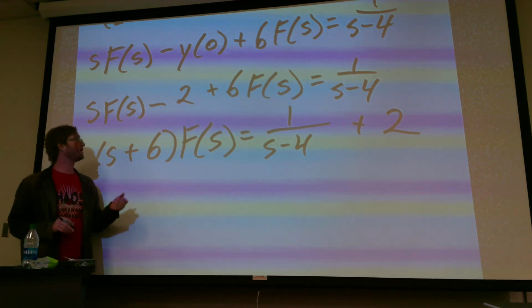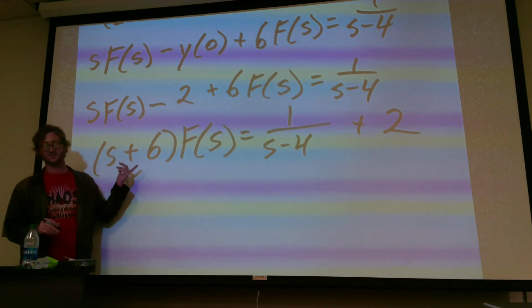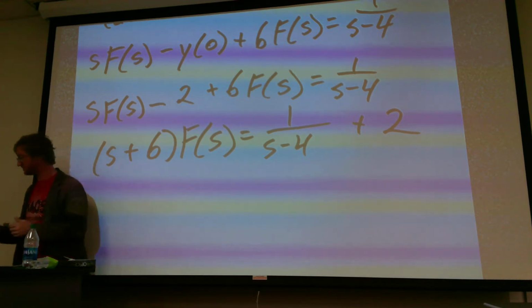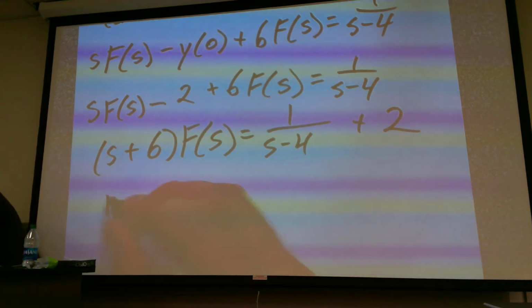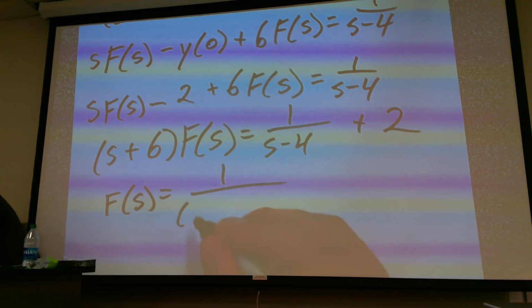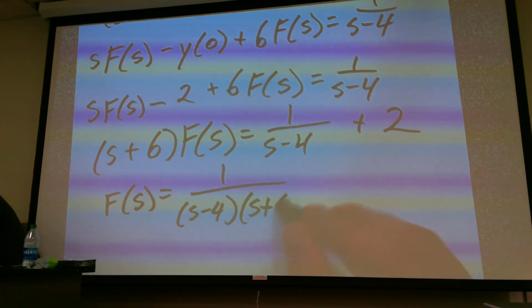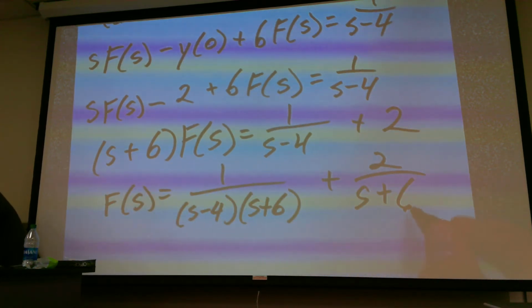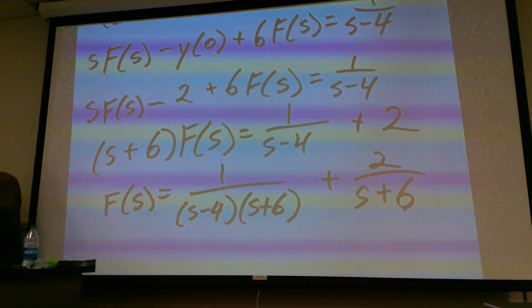Okay, so now I still don't want this s plus 6 on here. So I'm going to divide the entire problem by s plus 6. So F of s is going to equal 1 divided by s minus 4 times s plus 6, plus now 2 divided by s plus 6.